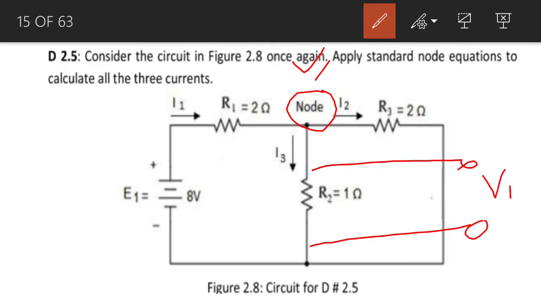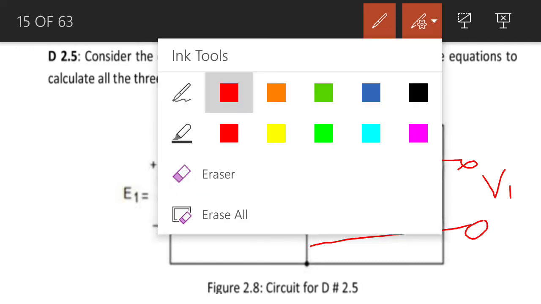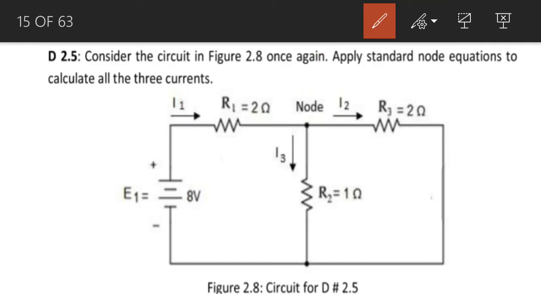So the voltage at this particular node will appear across the resistor R2. So we need to find out this voltage, and once this voltage is known, we can find out the current I1, the current I3, and the current I2. Anyhow, we are going to compute IG1.